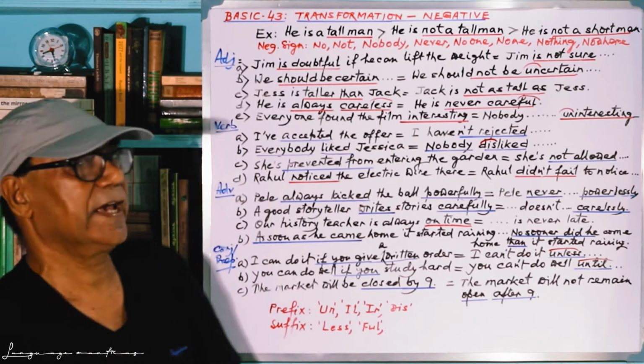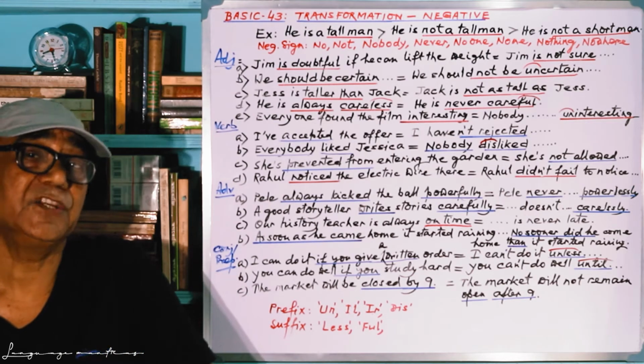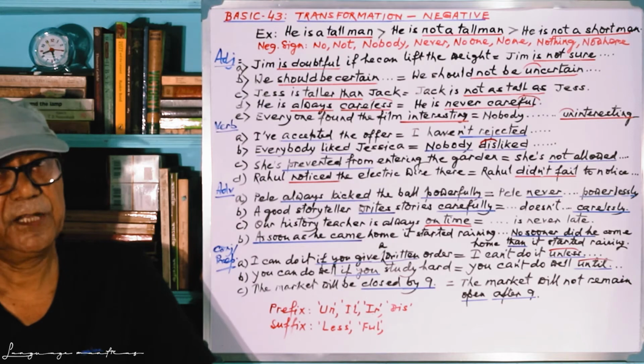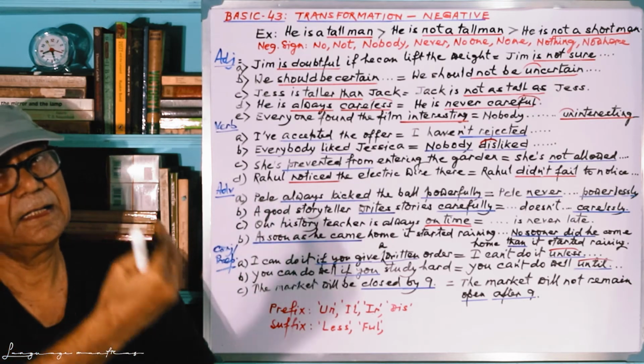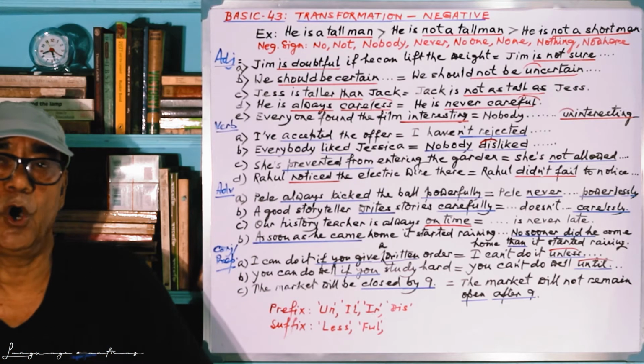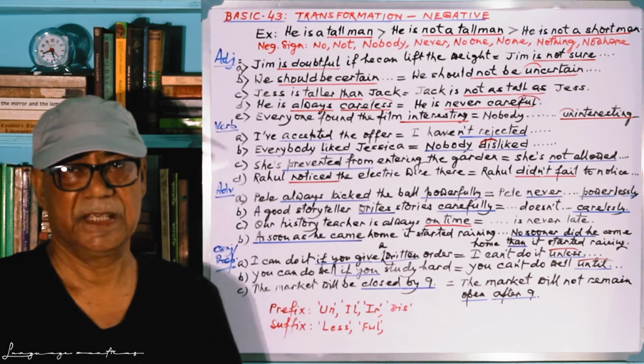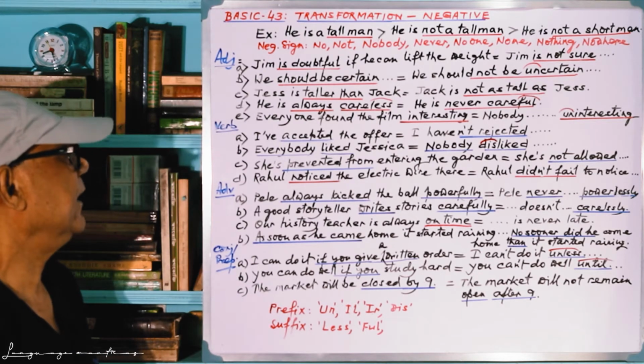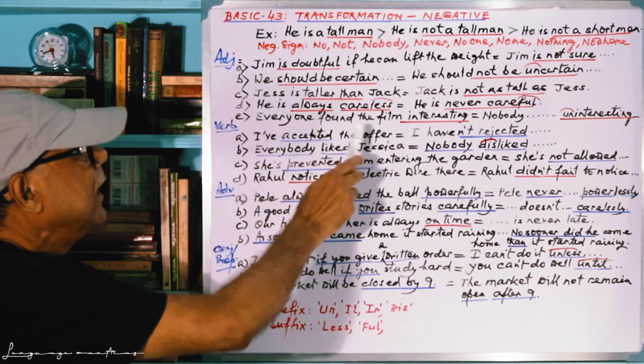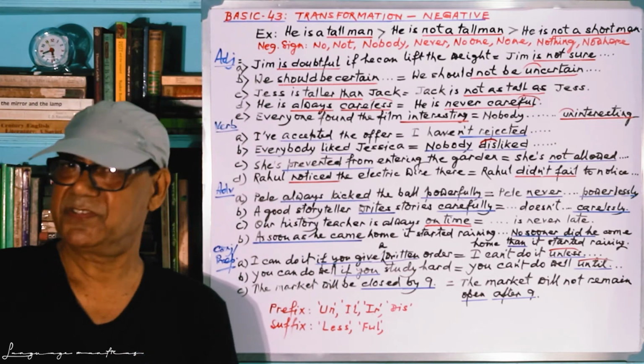He is always careless. That means he is never careful. If it is always in the negative sentence, it will be never. He is never careful.